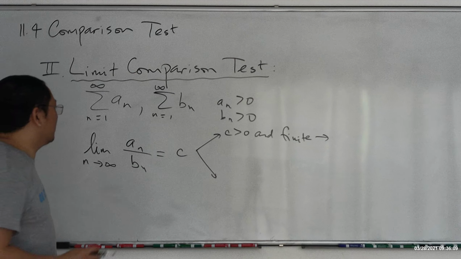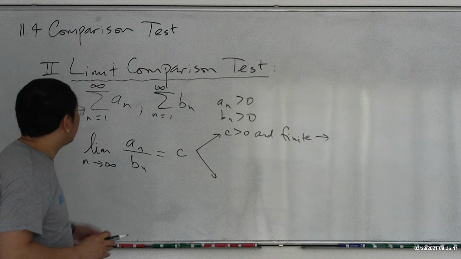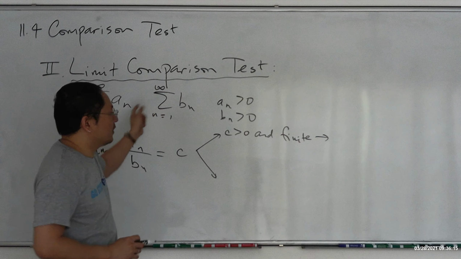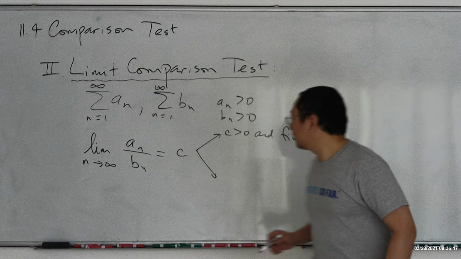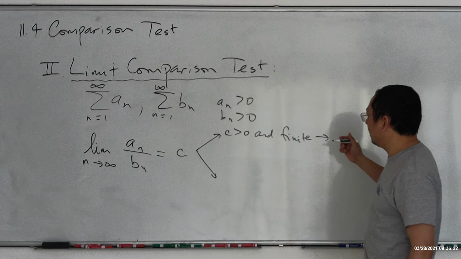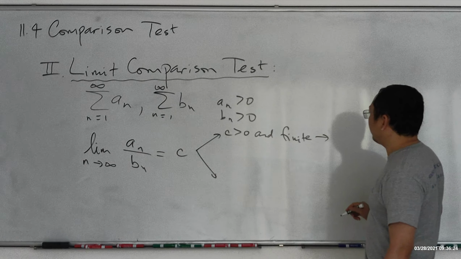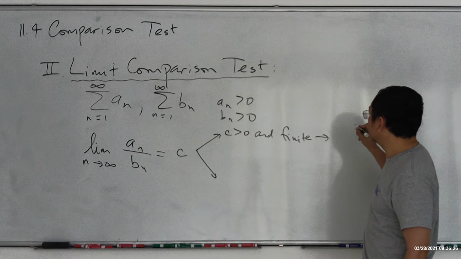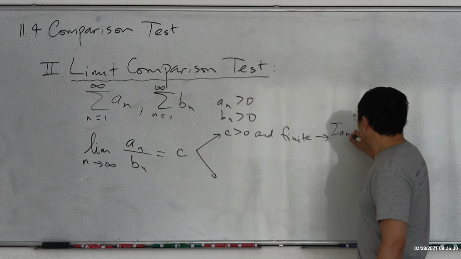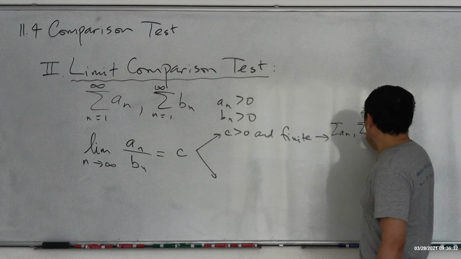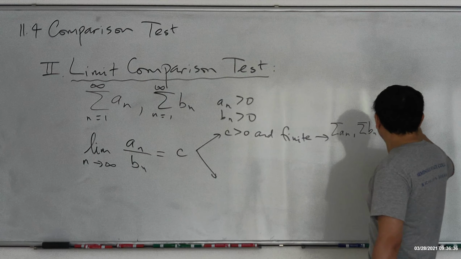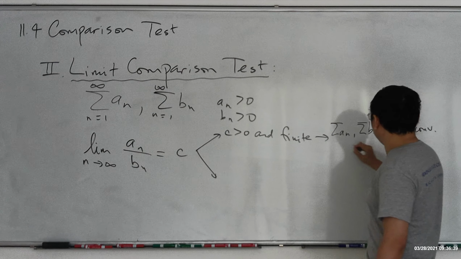That's how I say it. But let me look at the book to see what it says: if the sum of BN is convergent, then the sum of AN is convergent, and vice versa. So let me write it my way. If C is positive and finite, then the two series AN and BN both converge or both diverge.